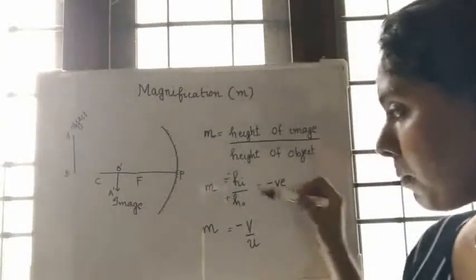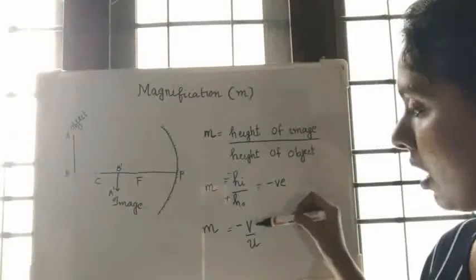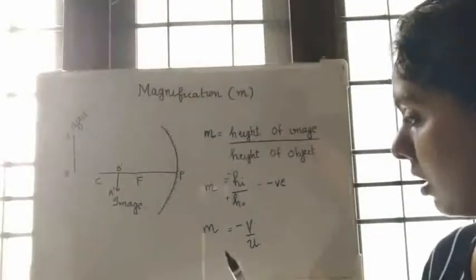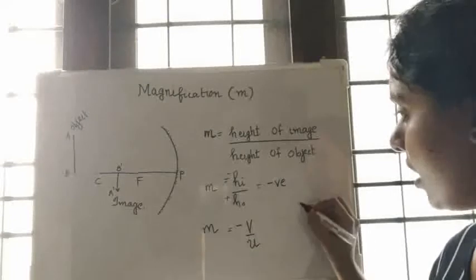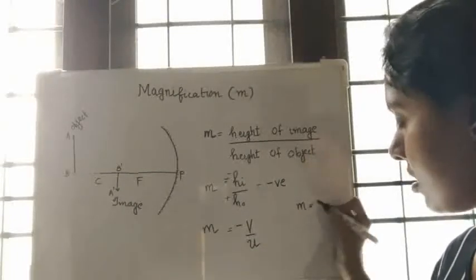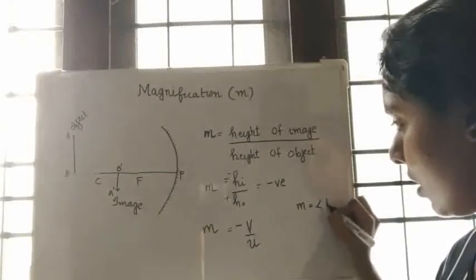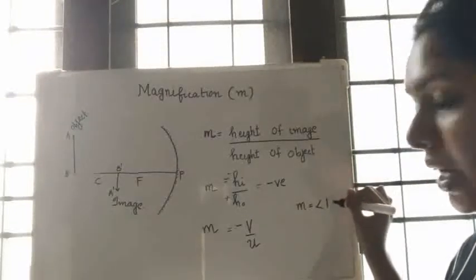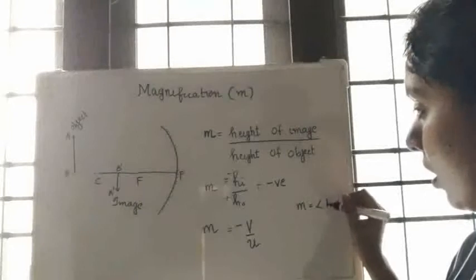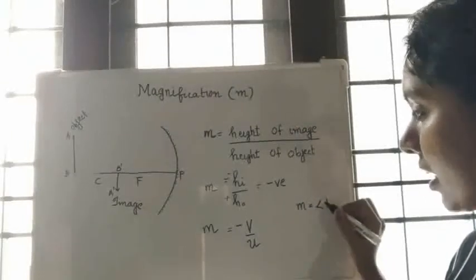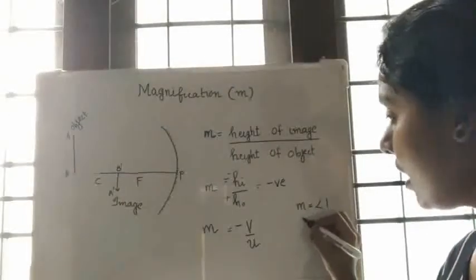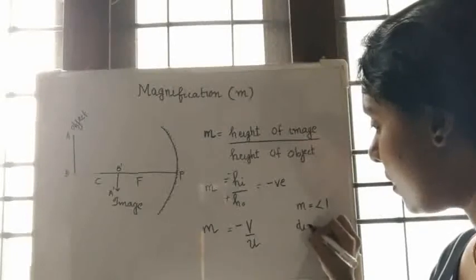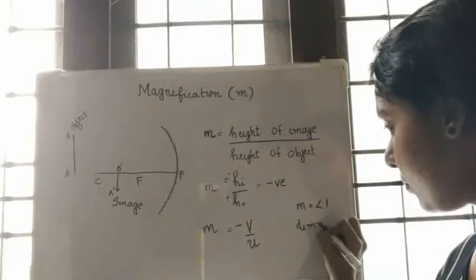Then after measuring these values and after assigning the sign, if the final answer is less than 1, what can be concluded from this value, which is less than 1? If magnification is less than 1, then it denotes a diminished image.